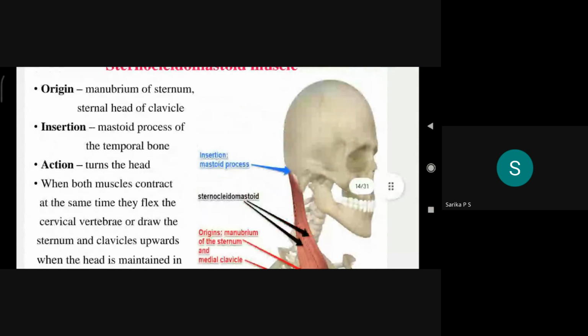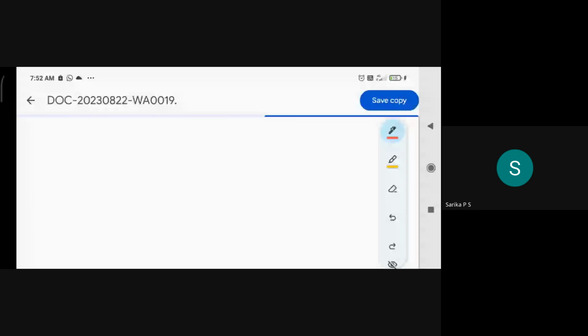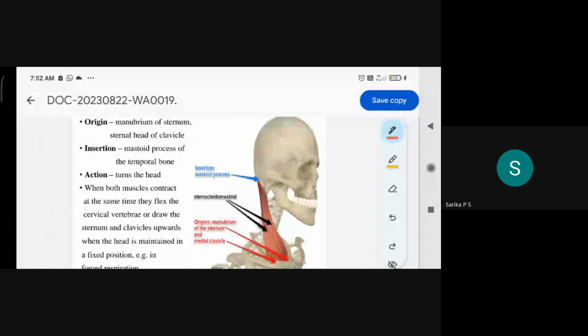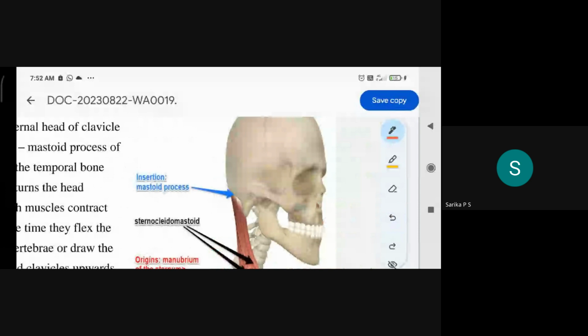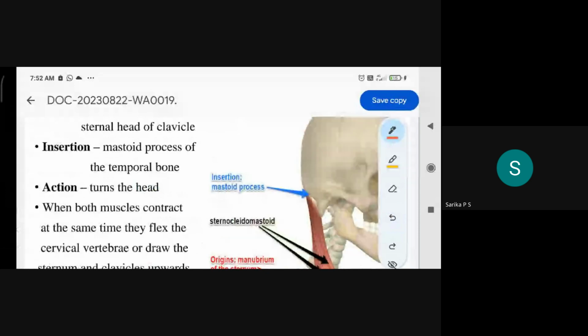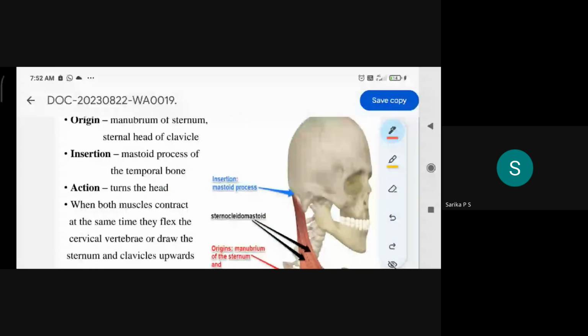Let me take the pens. So in this picture, you see that this one is the frontal bone and this one is the temporal bone, right?